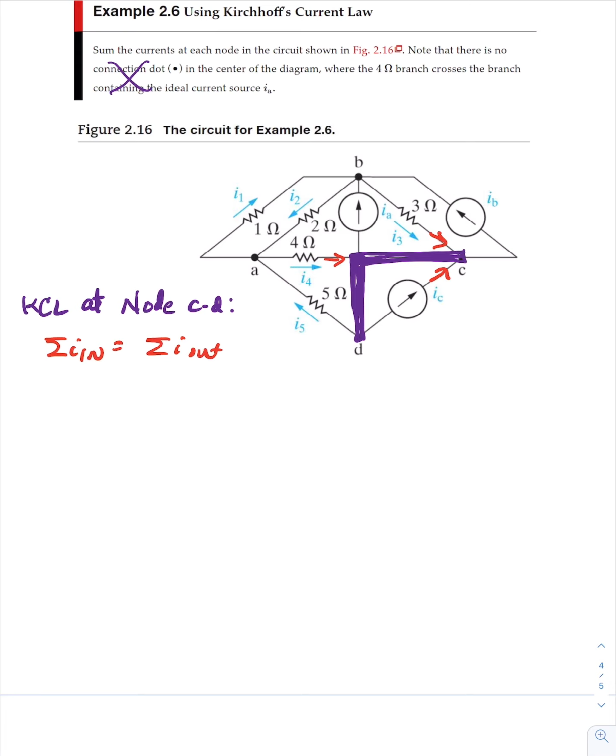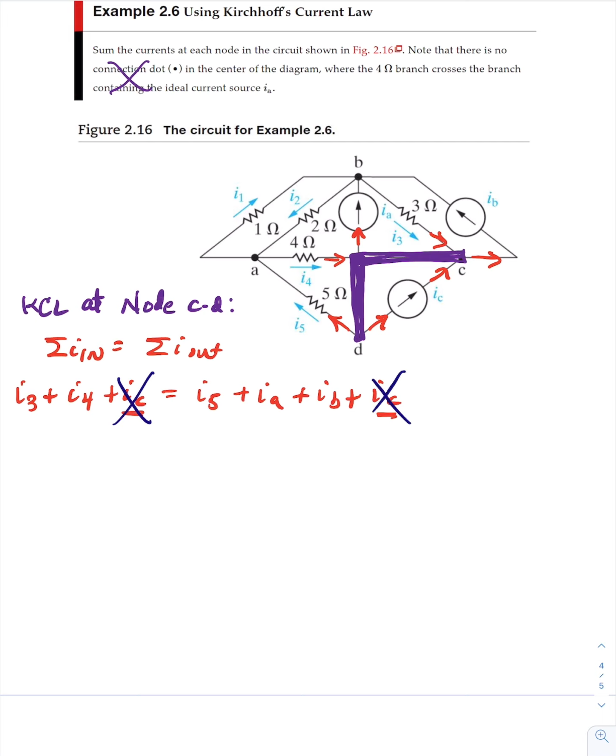So coming in, we have I sub 3 plus I sub 4 plus I sub C. And leaving this node, we have I sub A, I sub 5, I sub C, and I sub B. So I sub 5 plus I sub A plus I sub B plus I sub C. So you'll notice that I sub C is on both sides, which means that it will cancel.